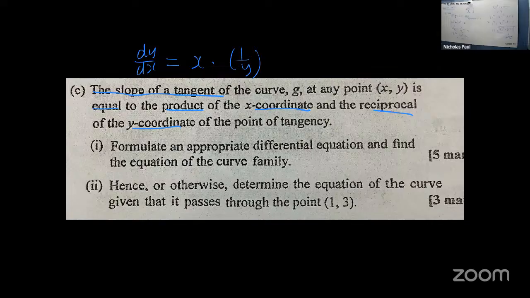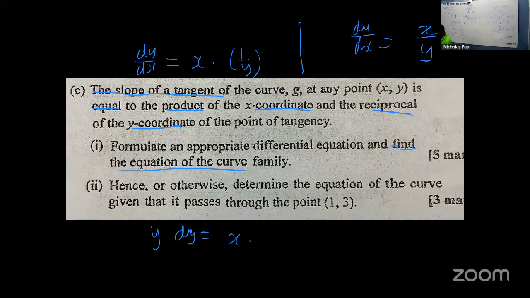That's part 1 for 5 marks. Sorry, no, you've got to solve it. That's the first part, that's 2 marks. So solve that part, dy/dx is equal to x on y. Then separate the variables and solve it. You'll get y dy is equal to x dx.